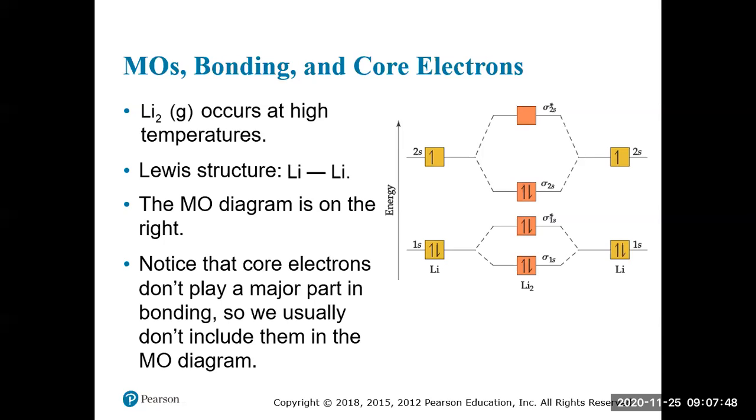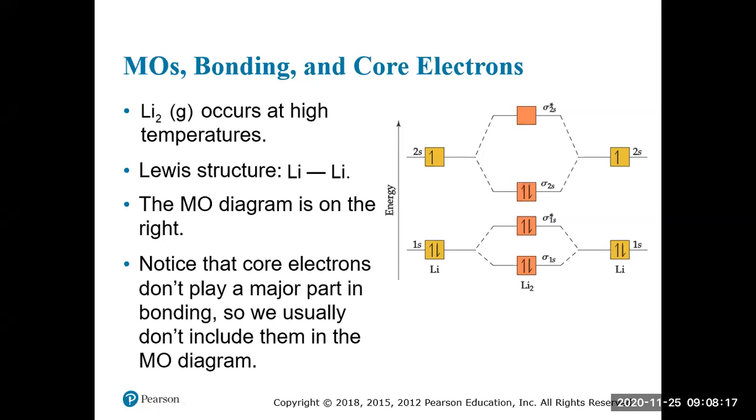So we had the core electrons and we had the valence electrons. What you're going to see as we go through this lithium-2 example is that the valence electrons are where all the activity is occurring, and the core electrons don't play much of a part in the bonding.